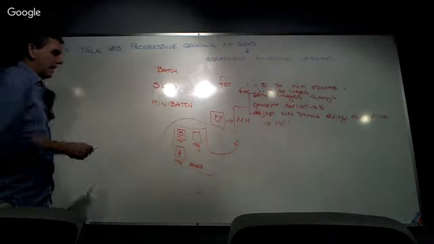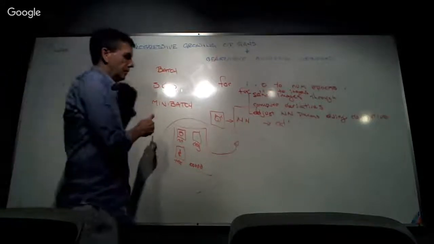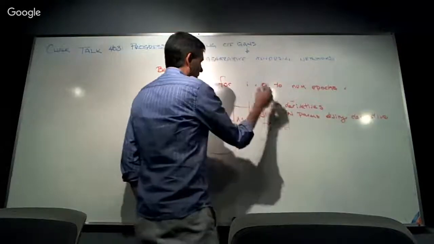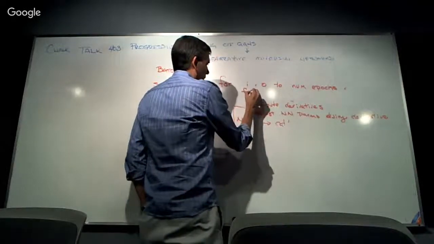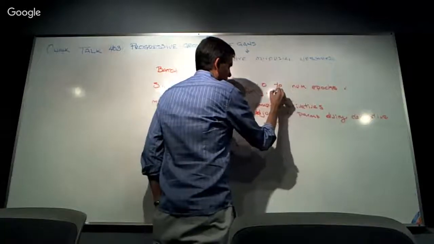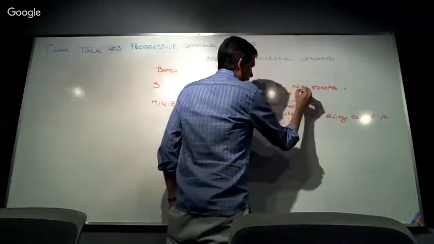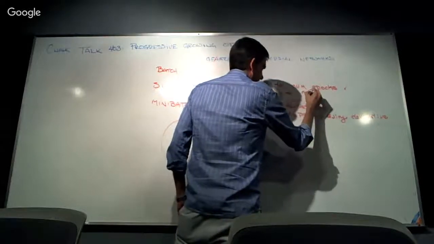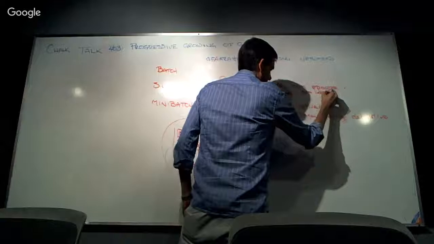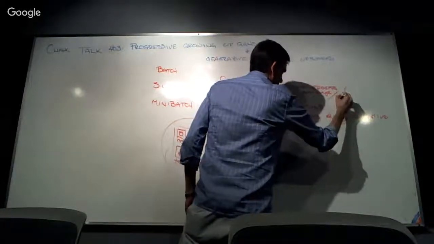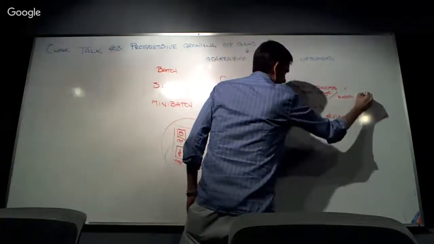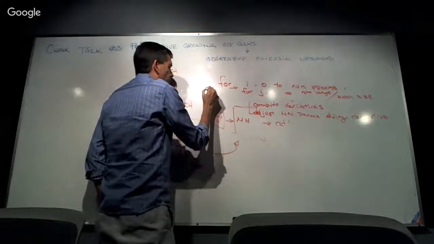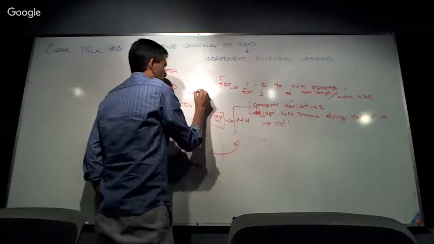And then finally, a mini batch is the combo of those things. So what you do here: for j equals 1 to num images divided by batch size. And typically before here, you take all your images and shuffle them.